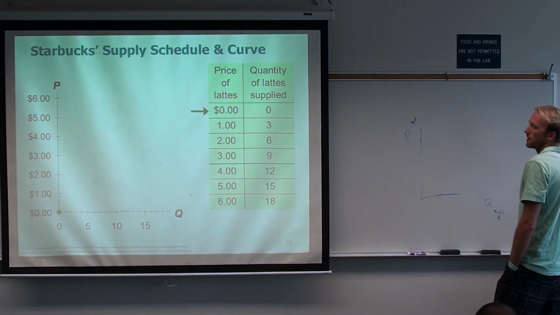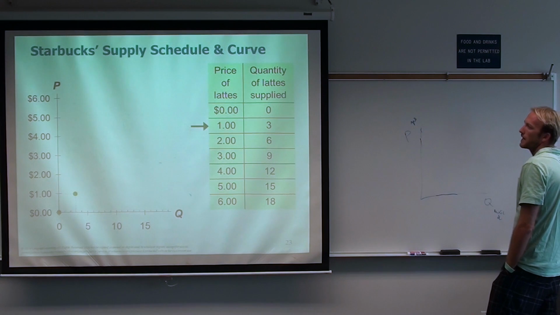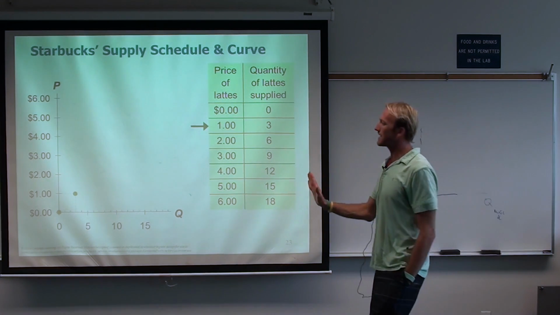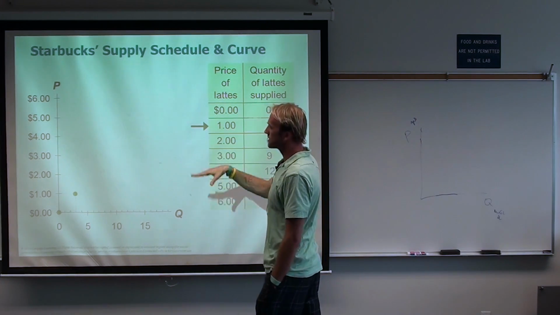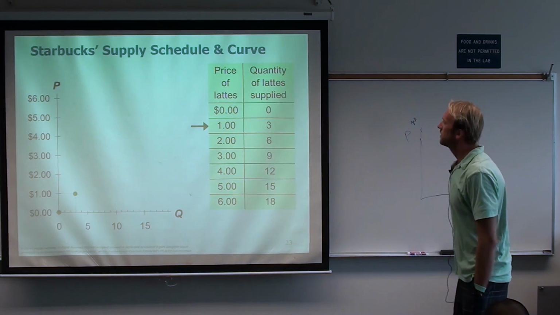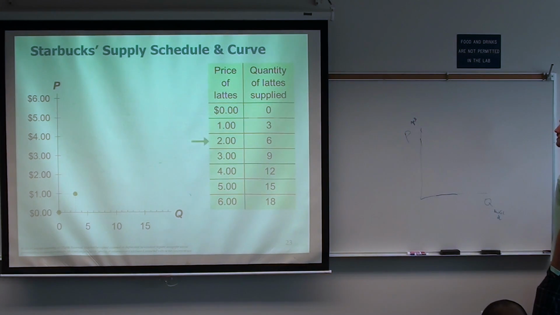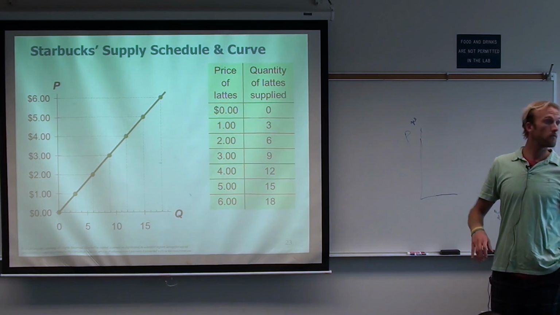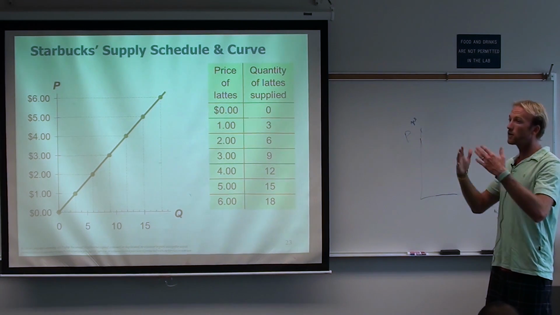So we put a point there at 0, 0, and then we put one at 3 lattes and $1. Okay. We go ahead and do that for 6 lattes and $2, and so on and so forth. And we draw a line through it. This gives us our supply curve.